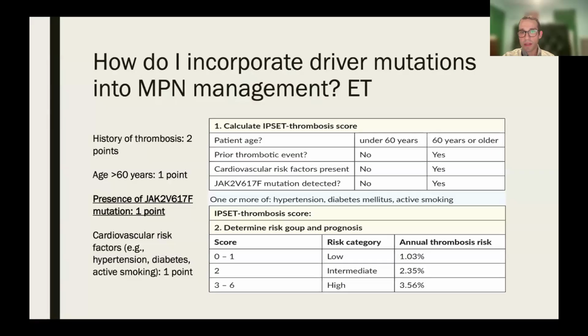And sometimes, even if people don't quite fall into these categories, if there are risk factors that are not included in this small number of risk factors here that I think change someone's chance of having a blood clot, then I will treat them differently.